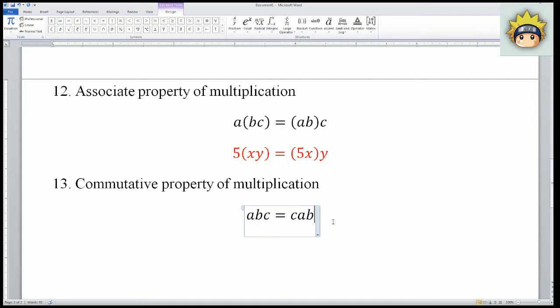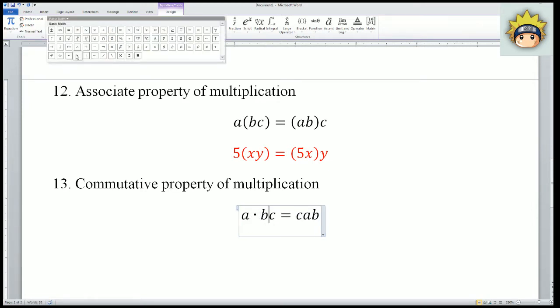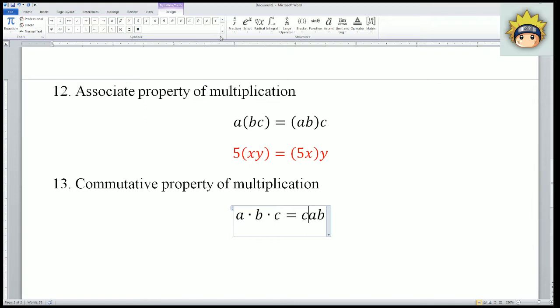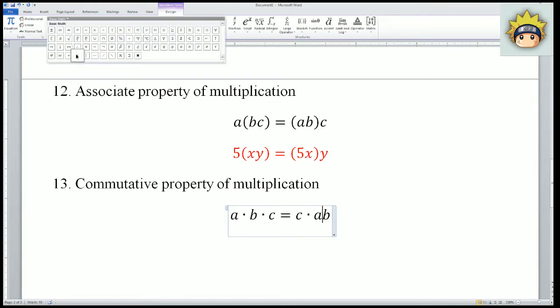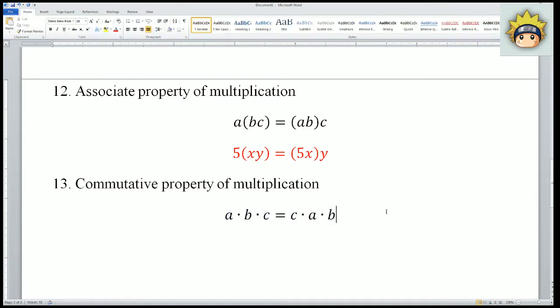I could even put the dot for you if that makes it better. Let's give A a value 5, B, and C, how about 9?